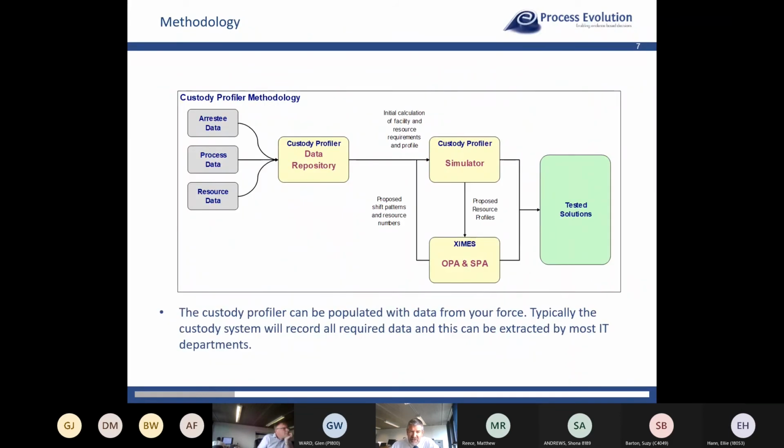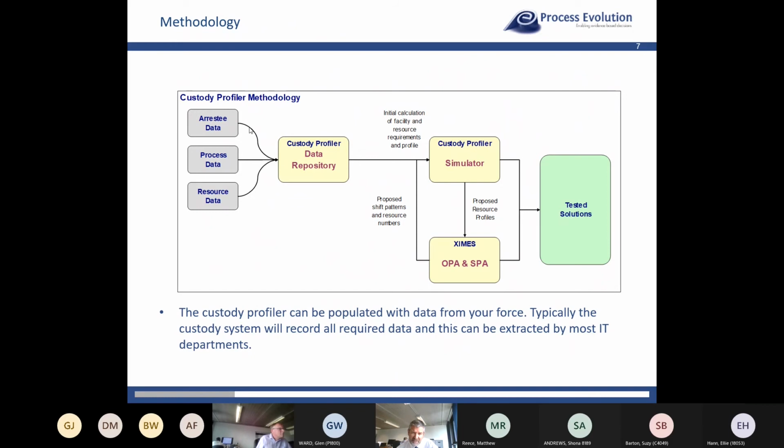So within our custody profiler model, we've got the methodology. You will need to get your arrest data, your process data, and your resource data. The arrest data is usually fairly straightforward because it's the people arriving in the custody suite. What can often be a little bit more difficult to obtain is where that person was arrested, because you might know their home address, but they possibly wouldn't have been arrested at their home address.